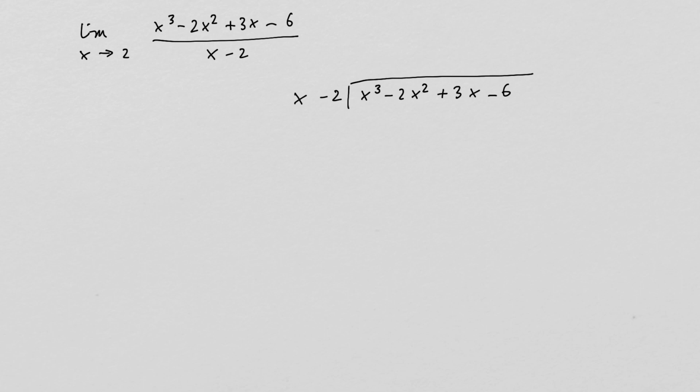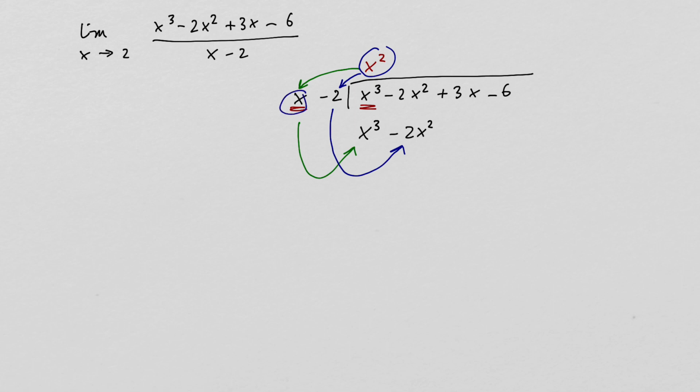How many times does x go to x cubed? Well, it goes there x squared times. Then we will take x squared and multiply it with x. It gives x to the power 3. And in the same way, x squared times minus 2 gives minus 2x squared.